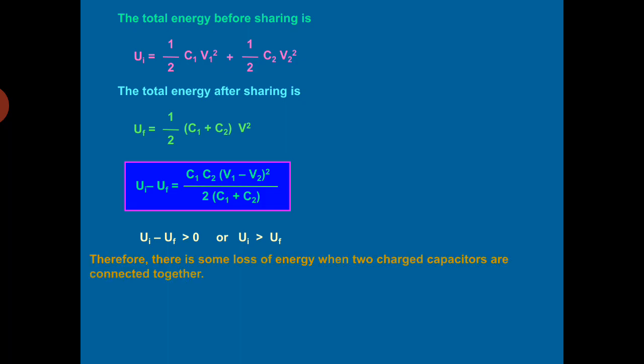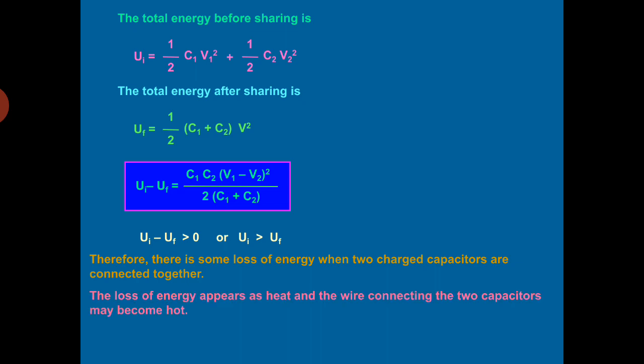It means there is some loss of energy when two charged capacitors are connected together. Total energy after contact is somewhat less than total energy before contact. Or you can say there occurs a loss of energy UI minus UF on sharing of charges.